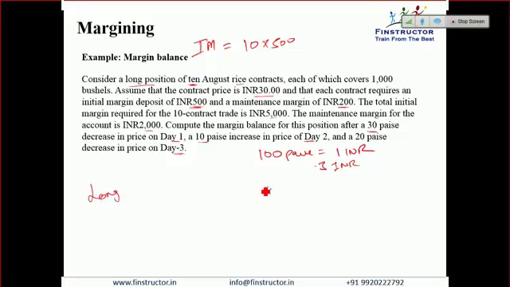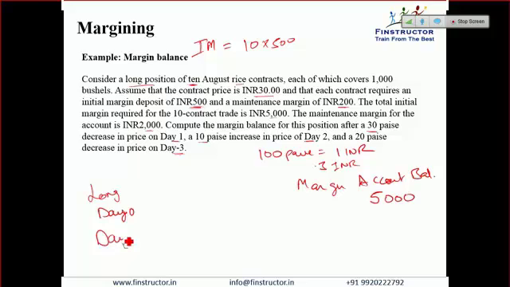Let's see what your margin account balance is. To begin with, you have an initial balance or initial margin of 5000.